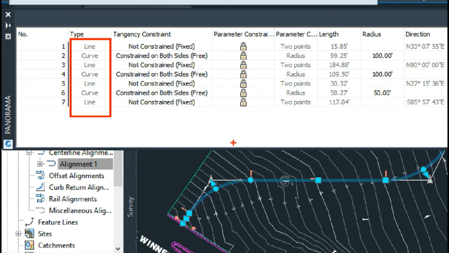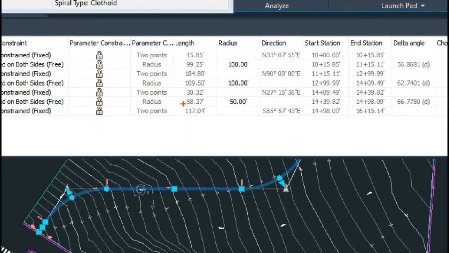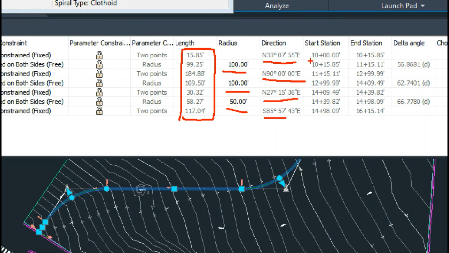That's all it is. And then over here we have the length of each one of those entities. Here's the length. Here's the radius of the 3 curves. First 2 were 100, second one was 50. Only the lines have a direction, so here's the direction of all the lines. And then over here we have the stationing. Here's our starting station, 10+00, and here's our ending station, 16+15.14.